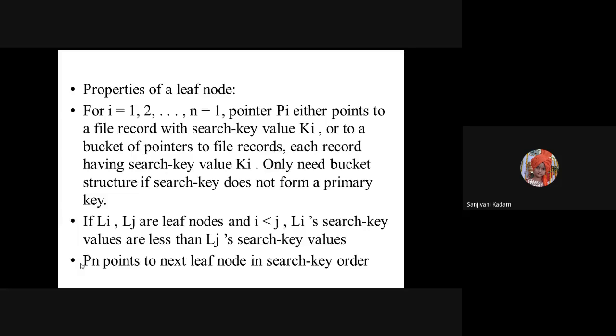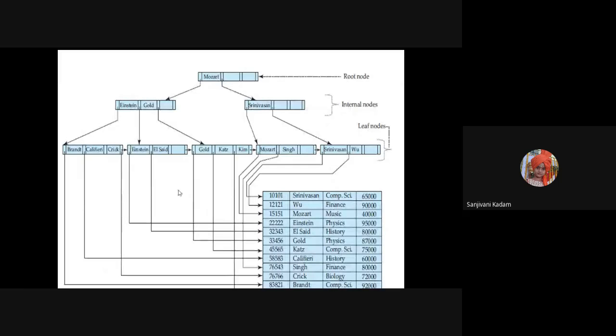Let us take an example here. If this is a leaf node and this is a leaf node, this is k1, this is k2, then it is always mandatory that this value is smaller than this value. So you can see all these values are in increasing order. Whatever the leaf structure is, it always sorts the elements, and every element is available at the leaf node also.